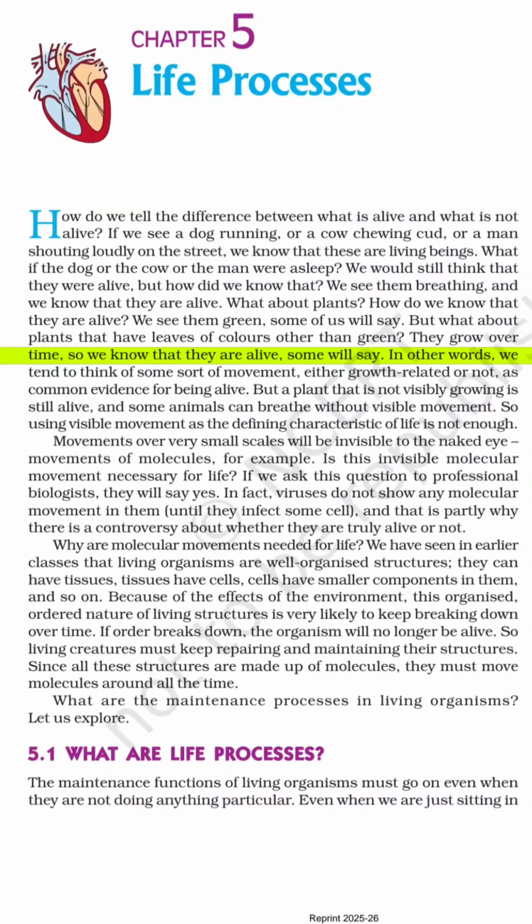In other words, we tend to think of some sort of movement, either growth related or not, as common evidence for being alive. But a plant that is not visibly growing is still alive, and some animals can breathe without visible movement. So, using visible movement as a defining characteristic of life is not enough.